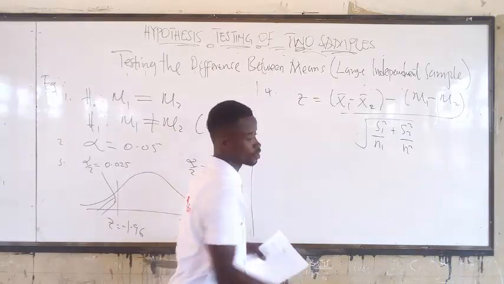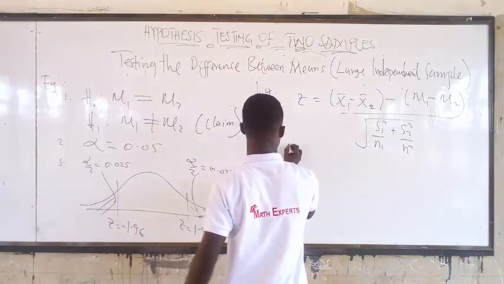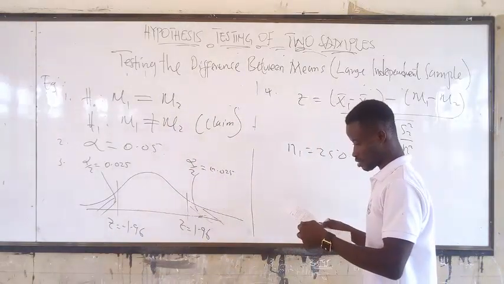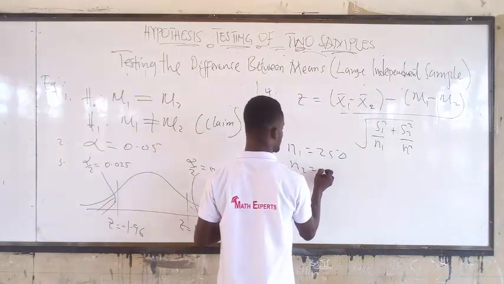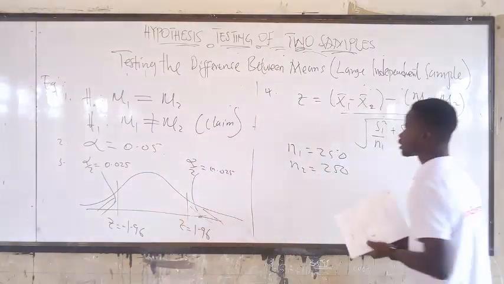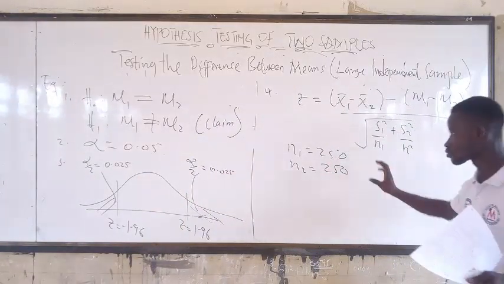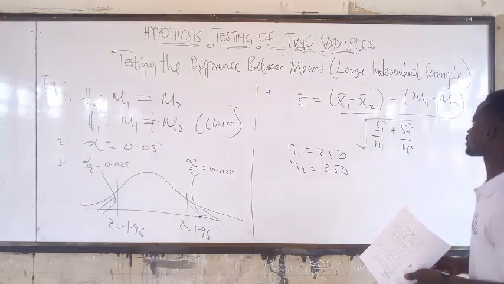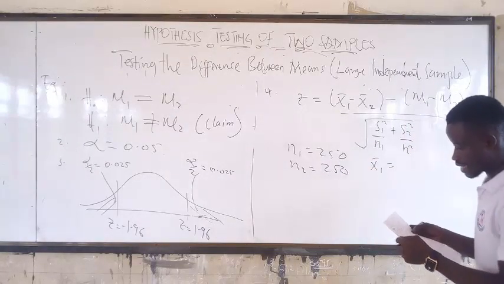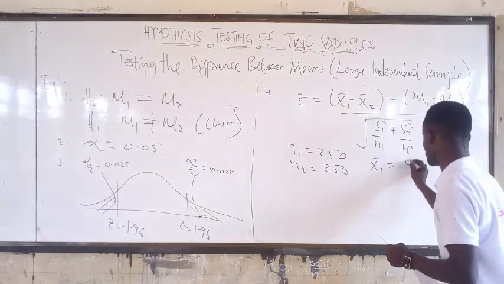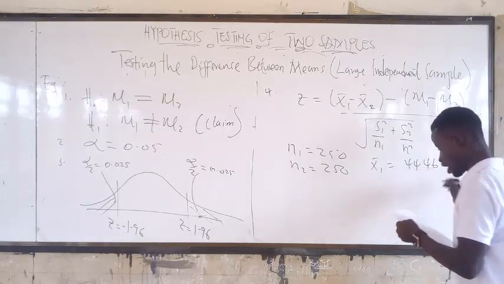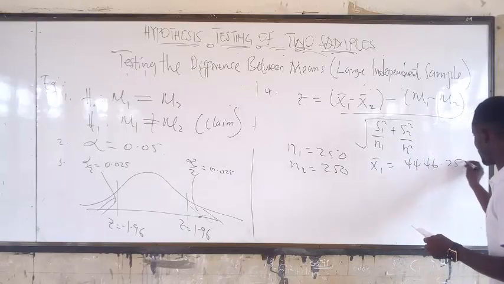First of all, let's go. We know n1 is 250, right? n2 is what? 250. Good. Now let's move on. From the question we know x-bar1, that's the point estimate, to be 446.25.